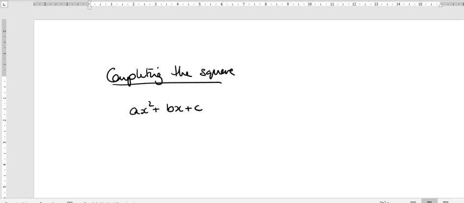So anything that has a highest order of x squared in an equation will be a quadratic equation. Here a, b, and c are just constants, so don't ever worry about what they are. They're just arbitrary numbers, which we don't panic about. Now, when we're completing the square, we are asked to rewrite this in something that looks like x plus or minus a, squared, plus b.